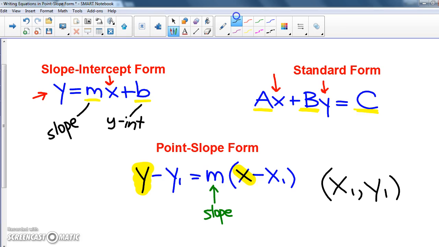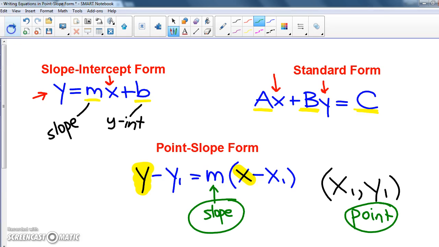It doesn't have to be a special point. But it's a point on this line here. Okay? And so if you know two things about a line, you can use point slope form. So if you know what the slope is, and you know any point on the line, you can then write the equation in point slope form. Okay? Let me show you what I mean.